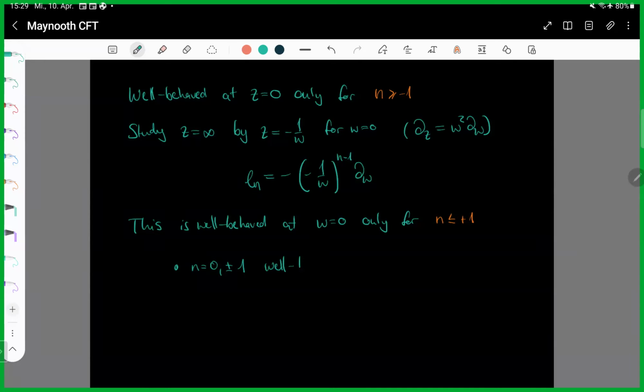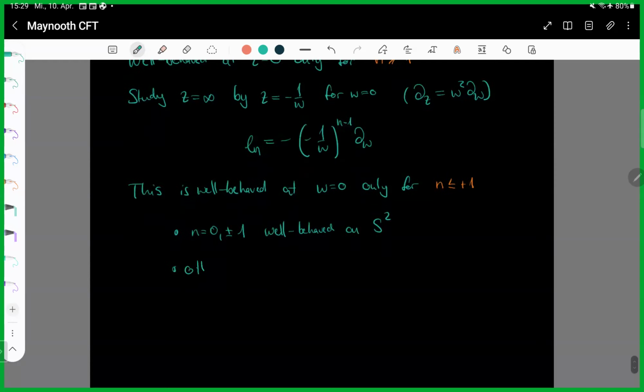So well behaved on the Riemann sphere, always, so to speak. And all others are ill-behaved somewhere on the Riemann sphere. And somewhere meaning either 0 or infinity, that's where the generators become problematic. And that's why we call them local.